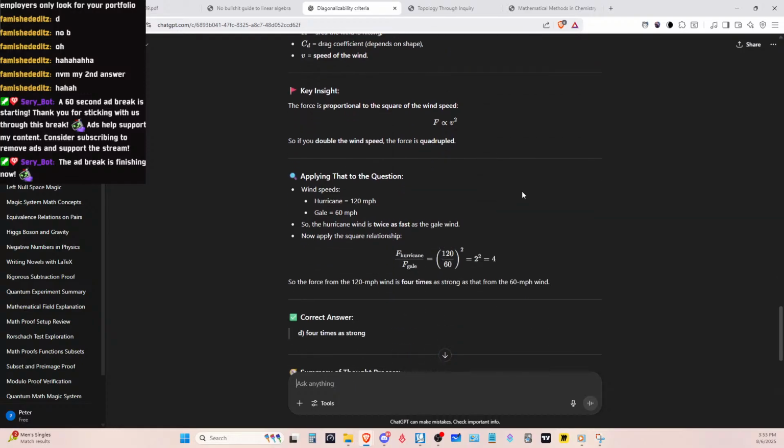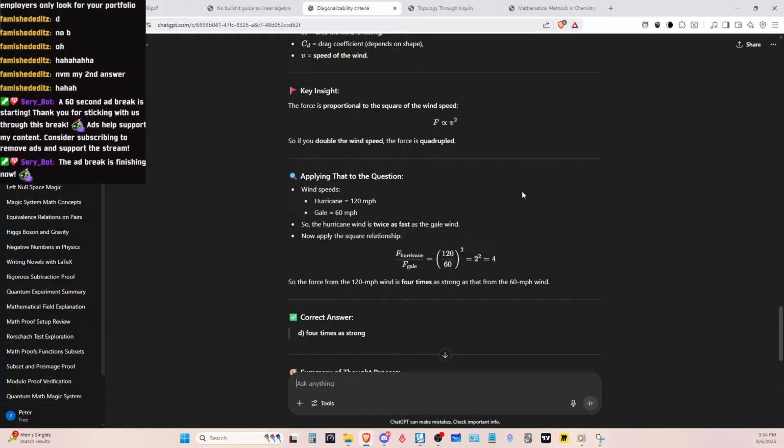Applying to the question, the hurricane is 120 miles per hour and the gale is 60 miles per hour. So the wind is twice as fast as the gale wind. Now apply the relationship. Actually, come to think of it, I don't even know what a gale wind was.